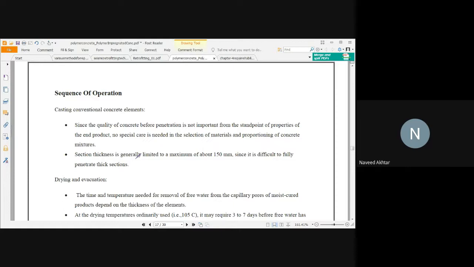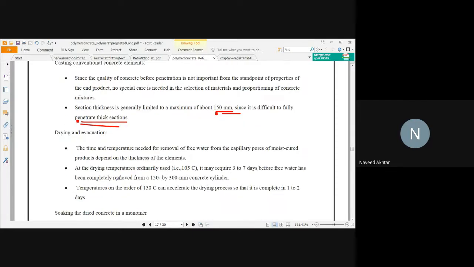Selection should be such that the concrete will harden fast and will not deteriorate afterward, and the strength of the concrete will be increased. Sectional thickness is generally limited to a maximum of about 150 mm, since it is difficult to fully penetrate a thick section.